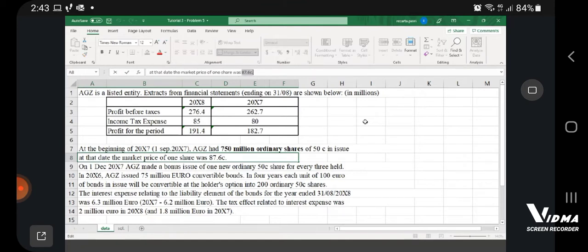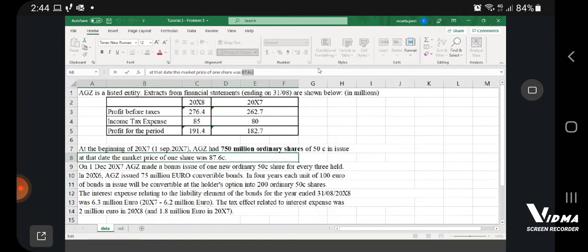The par value or face value of the ordinary shares is 50 cents, whereas the market price is 87.6 cents, and that's a normal condition. Usually all the companies quoted in the stock market will have a market price larger than the par value.